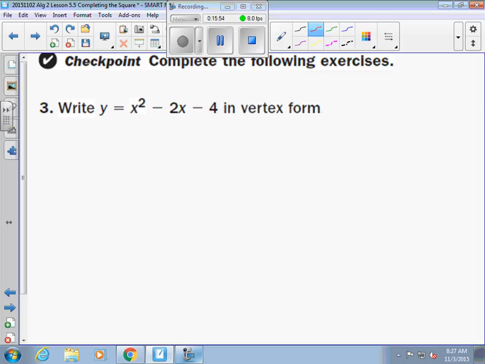All right, let's do this one in vertex form. Take a minute to do this one. You got to move that -4 over first.